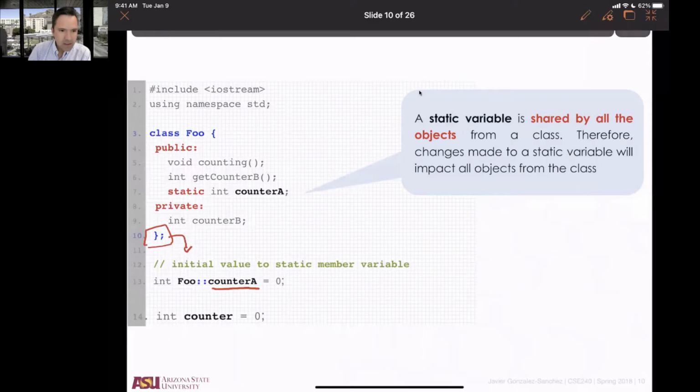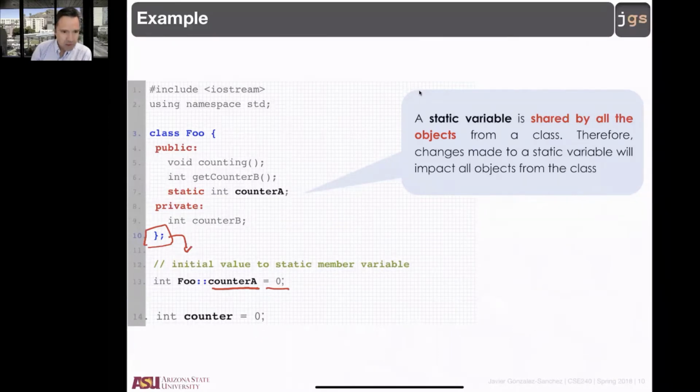But my variable is counter A. And if the only place in which I can put a value to that variable, like equals 0, is outside of the class, how is my compiler going to know that that one is the variable that belongs to the class and not a new one with the same name? You are going to use the scope resolution operator, and before the scope resolution operator, you're going to put the name of the class.